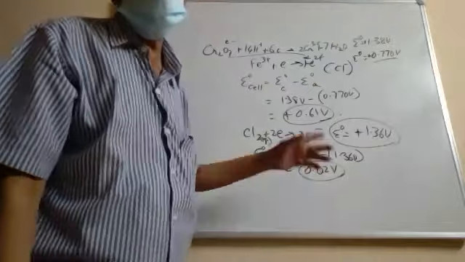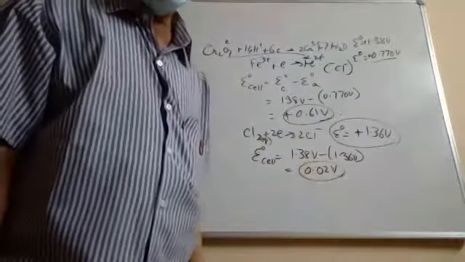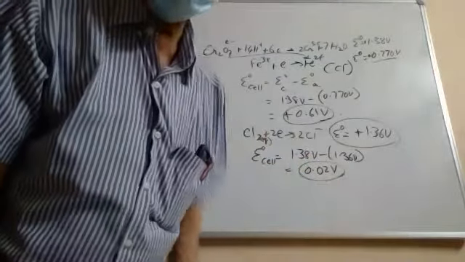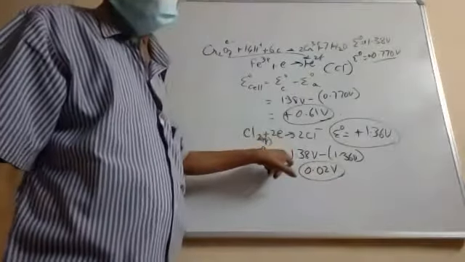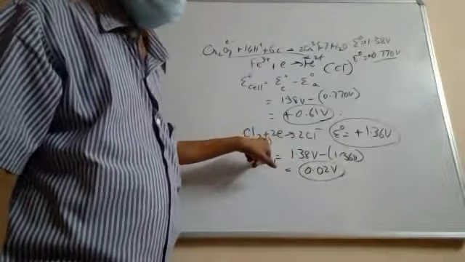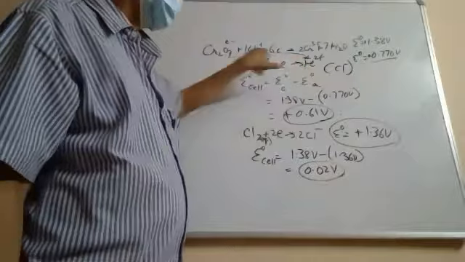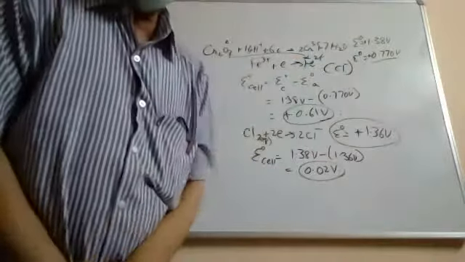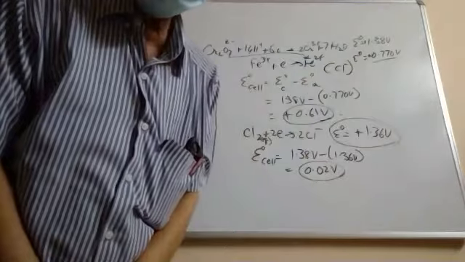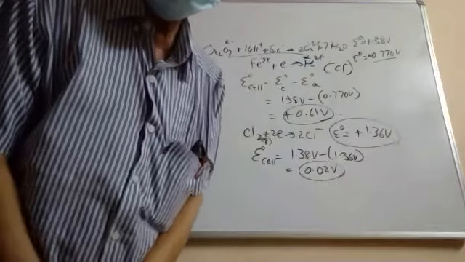What you have is only 0.02, 20 millivolts. It's nothing, peanuts. So we can say the dichromate is not going to oxidize chloride to chlorine in preference to iron 2 plus to iron 3 plus. So even if you were to have some chloride in the solution, it is not going to interfere.